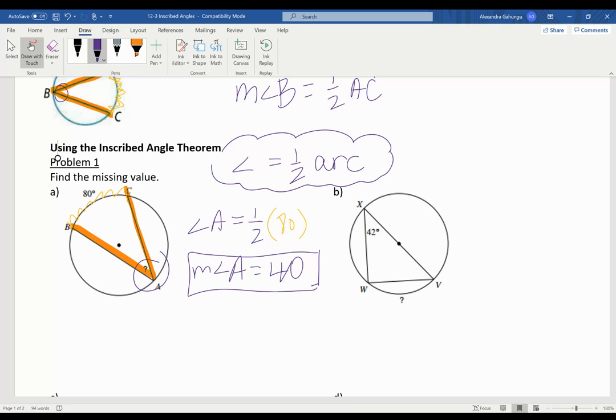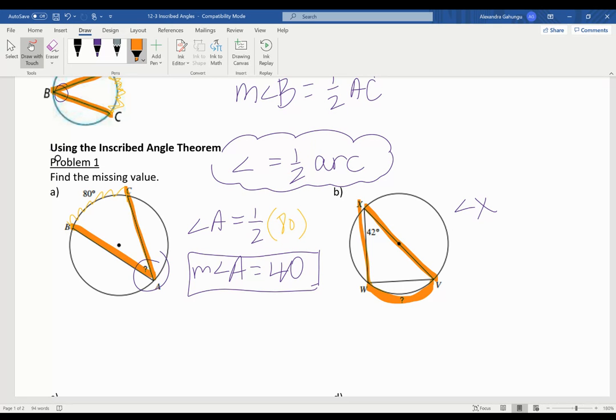Again, we're looking at arc versus inscribed angle. This time I don't know the arc. So it's still the same idea. The angle X this time, because the arc is being cut off. If I look at W and V right here, WX is a chord, VX is a chord.